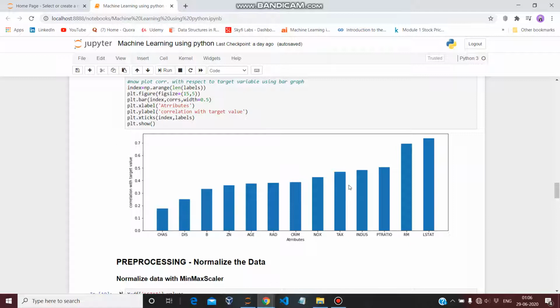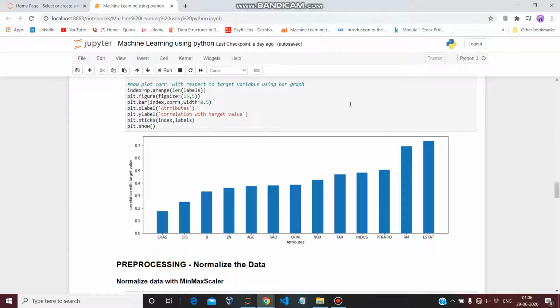What it means is these two features, or you can say attributes, LSTAT and RM, are highly correlated with our target value, that is, the price of the house.